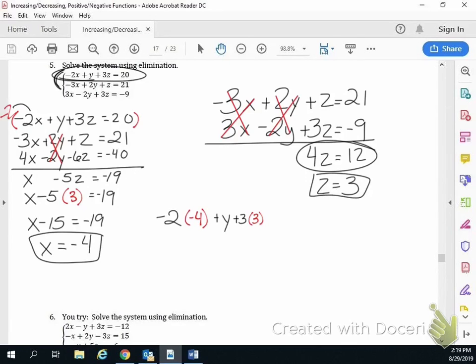Equals 20. Then I would solve it from there. So that would give me 8 plus y plus 9. 8 plus 9 is 17. 20 minus 17 is 3.